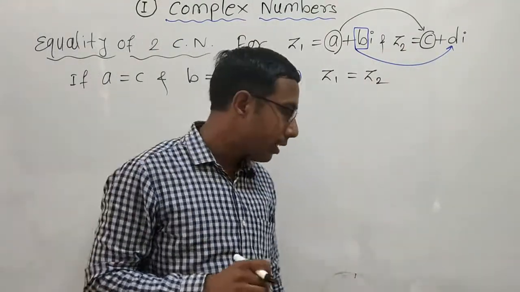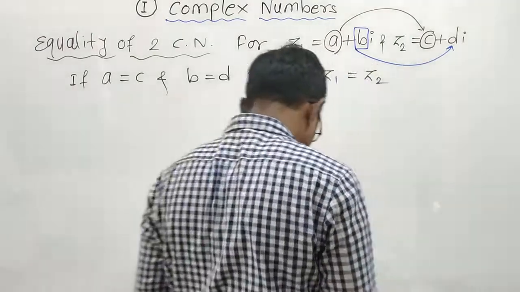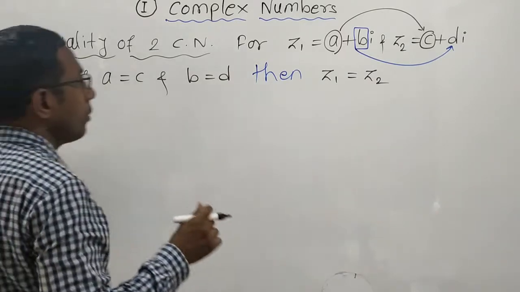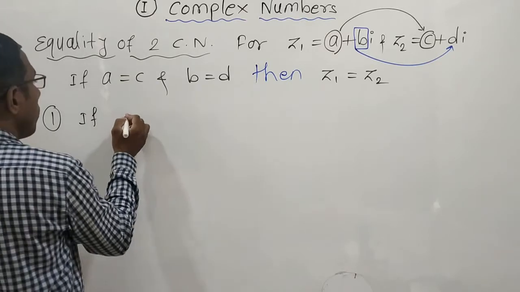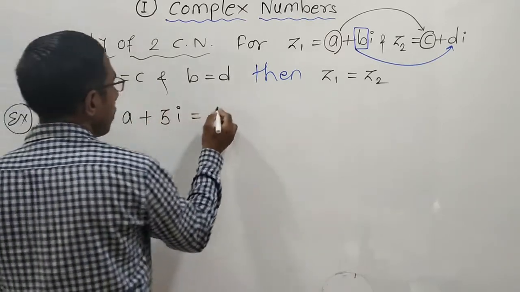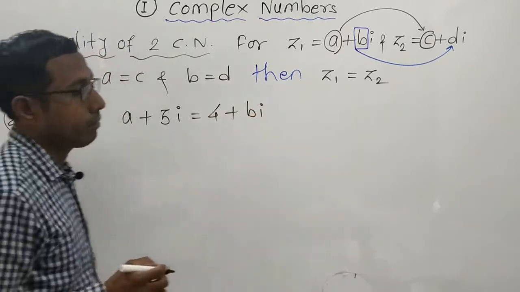Is that clear? Now let's see an example on the same concept. Example on equality. Let's see the first one. Suppose a plus 3i is equal to 4 plus bi.